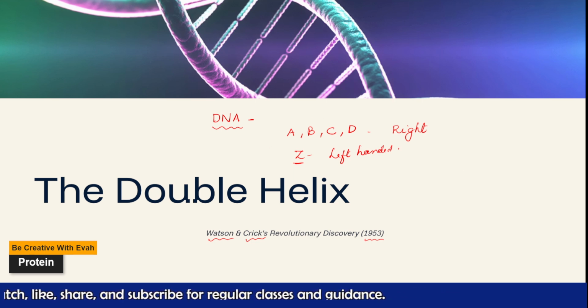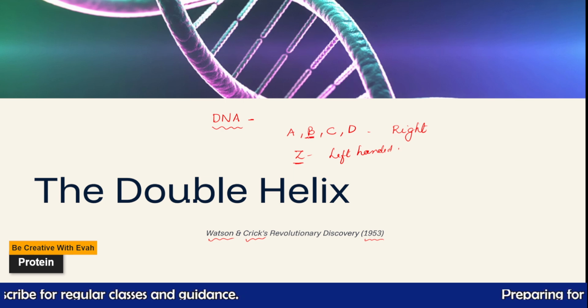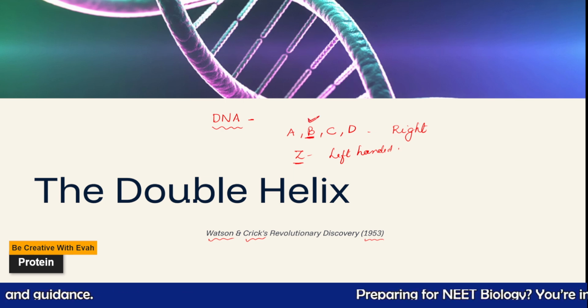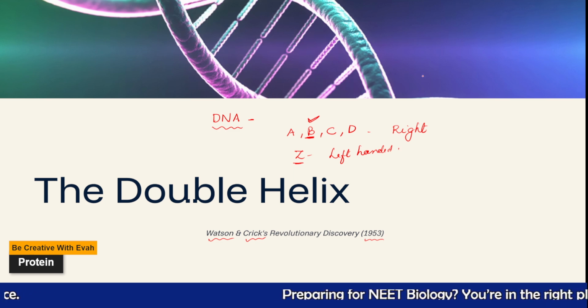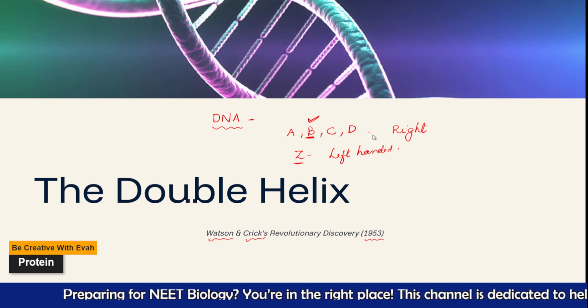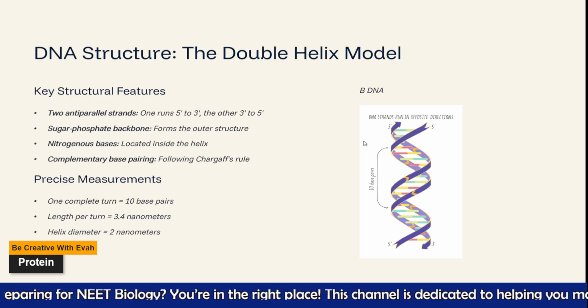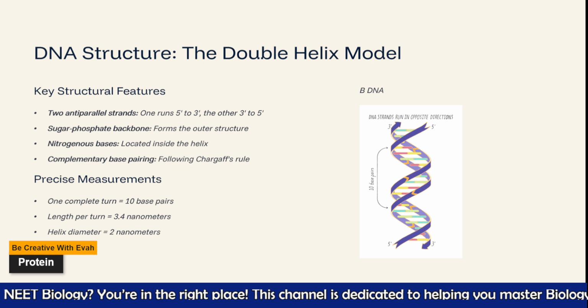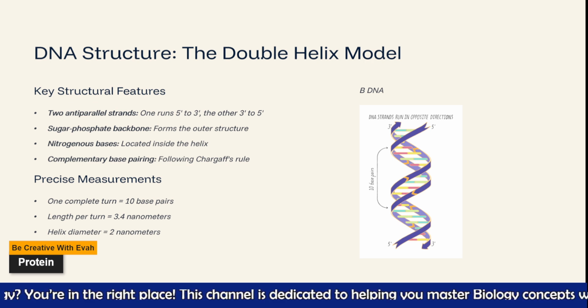Out of these different types, Watson and Crick explained the B DNA. Remember, this is also one important question: Watson and Crick explained what type of DNA? That is the B DNA. Now, what is the double helix and what is exactly there inside the B DNA? That's what we are going to discuss.